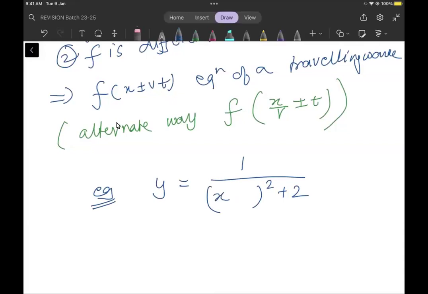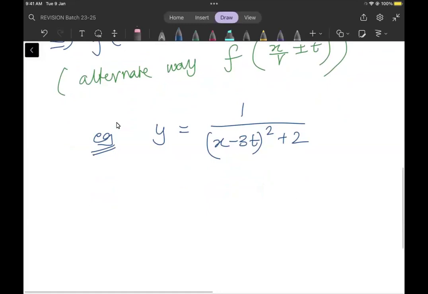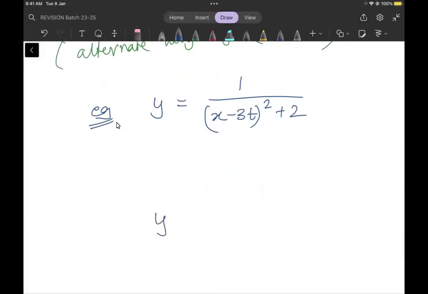So let me write it like this: x minus 3t whole square plus 2. So this is a wave equation. Another wave equation would be y is equal to 3e raised to the power minus 2x plus 3t whole square. This would be another wave function.